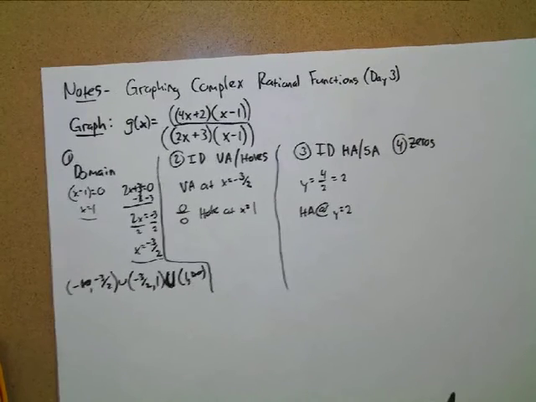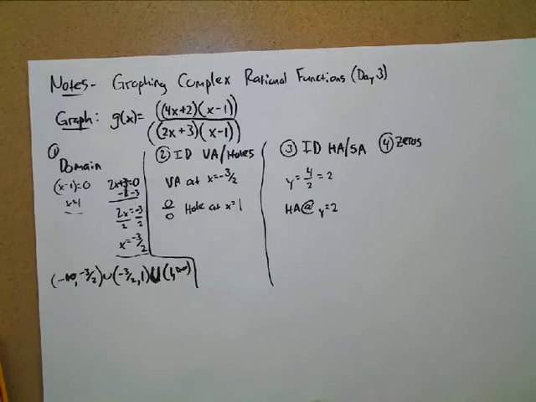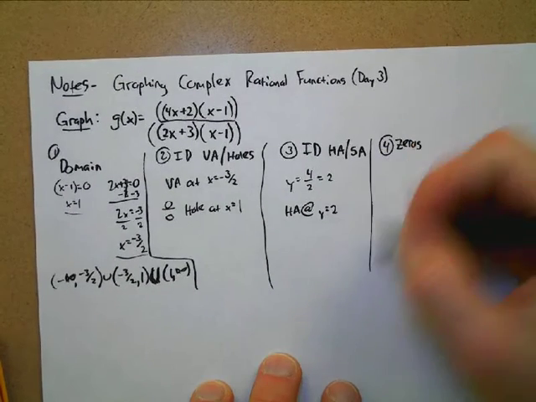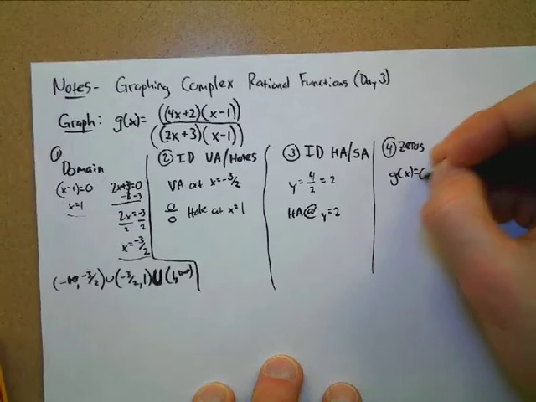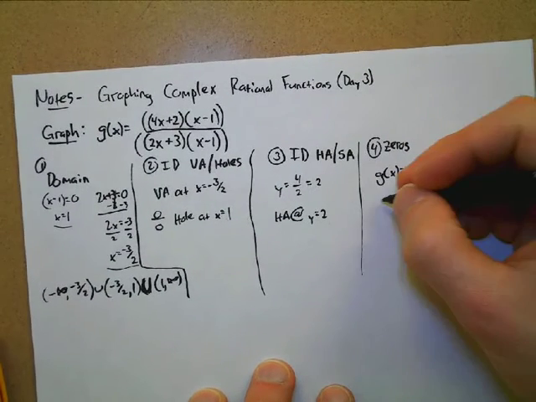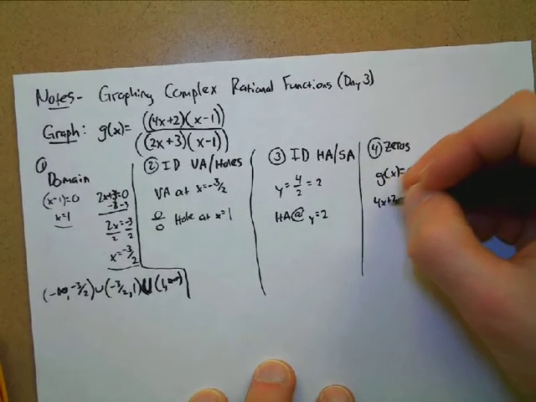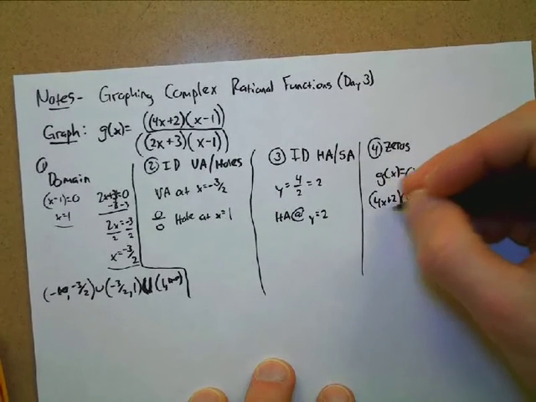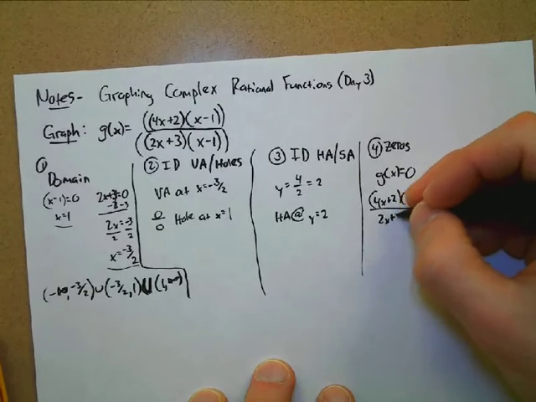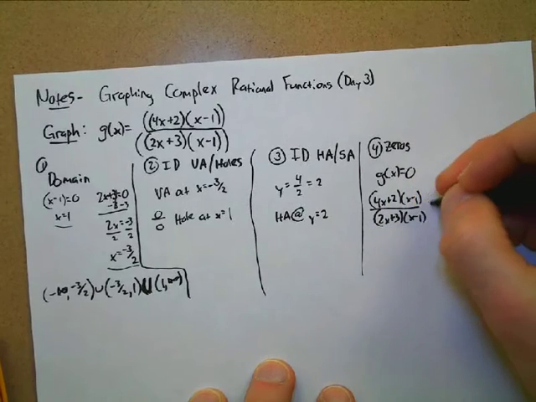And then for the zeros, that's where we set our function equal to 0. So in this case, it'll be 4x plus 2 times x minus 1 over 2x plus 3 times x minus 1 equals 0.